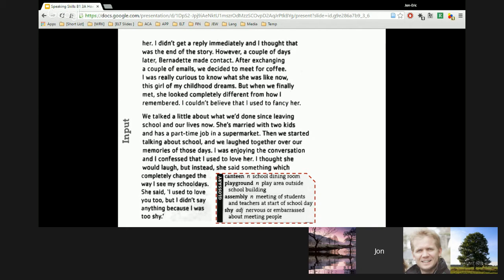We talk a little about what we had done since leaving school and our lives now. She's married with 2 kids and has a part-time job in a supermarket. Then we started talking about school and we laughed together over our memories of those days. I was enjoying the conversation and confessed that I used to love her.